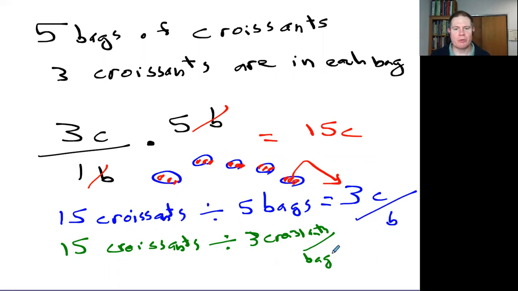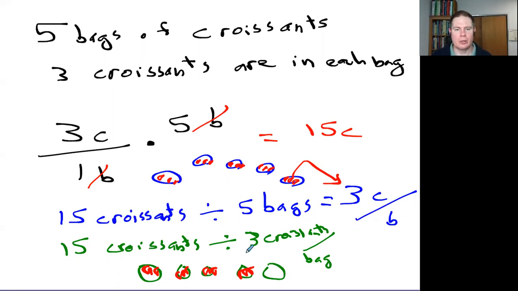15 croissants divided by 3 croissants per bag, that's saying, okay, here's my first bag, I can fit 3 croissants in it. Did I use up all my croissants? No, okay. Here's my second bag, and my third bag. All right, so 3 more here, 3 more here. I'm at 9 croissants, that's not enough. So I need another bag. Take out another bag. 12 croissants, I'm getting close.